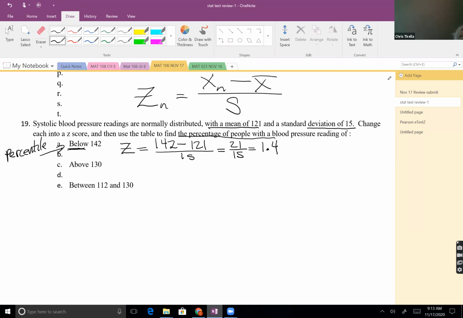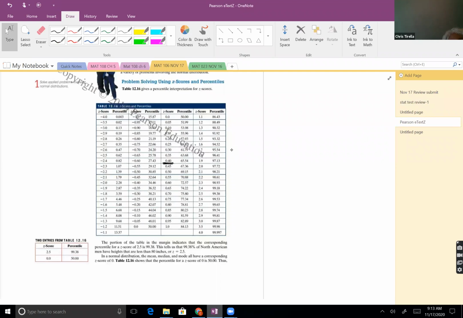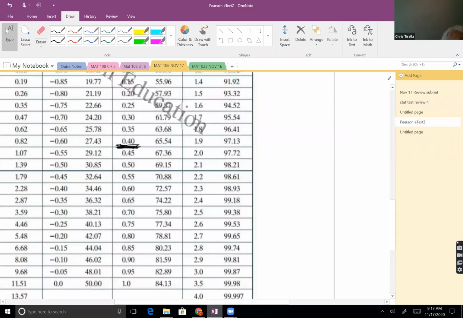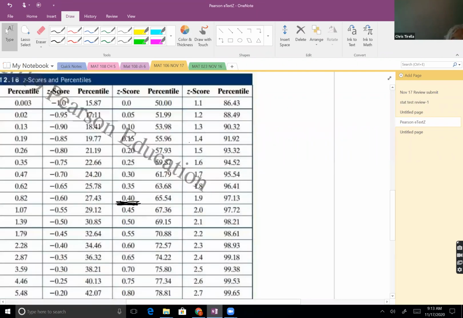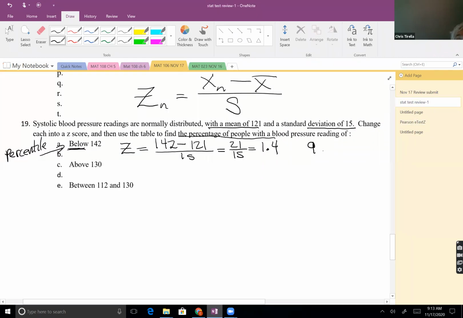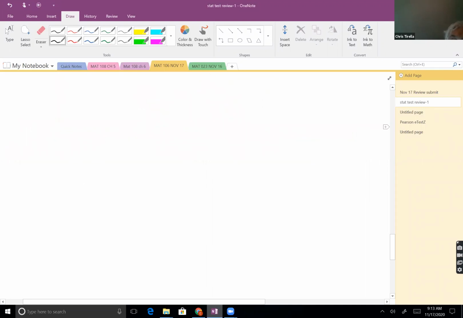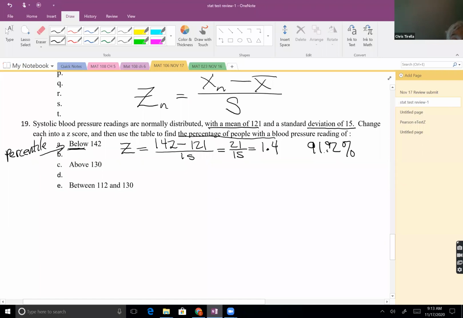Yeah. So if my z-score is 1.4, we're going to go to the table. We're going to look for 1.4. And see that it's 91.2%. Did I copy that right? 91.92, I apologize. 91.92% below.